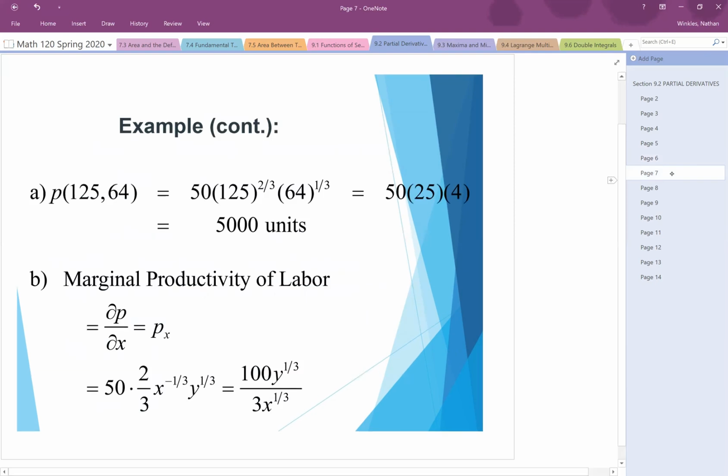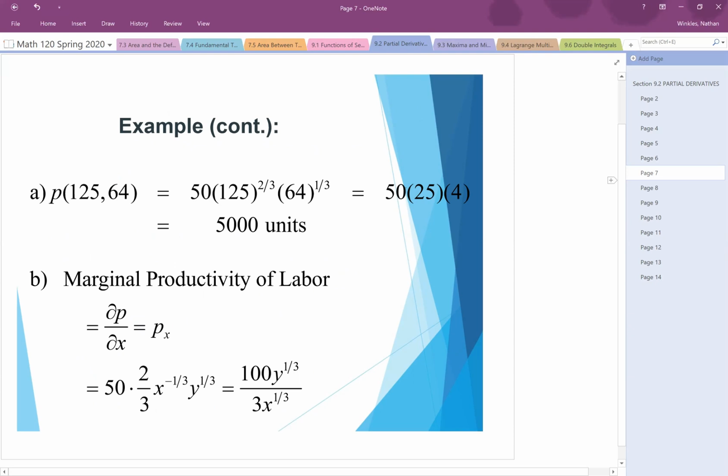So by simply plugging in 125 into our function, 50 times 125 to the 2/3 times 64 to the 1/3. Well, the cube root of 125 is 5. 5 squared is 25. That's how we get to 25.